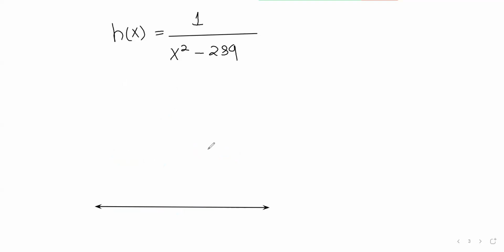What about this example here? h of x equals 1 over x squared minus 289. Well, again, I'm just interested in the denominator. x squared minus 289 cannot equal 0. Adding 289 to both sides.